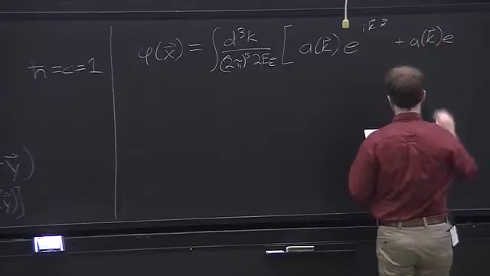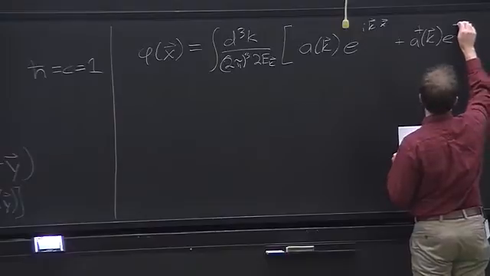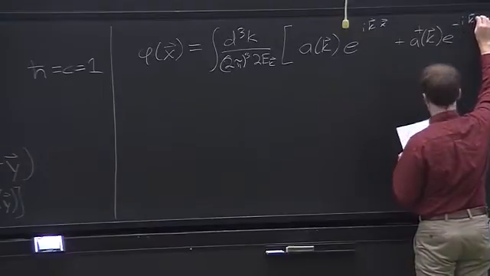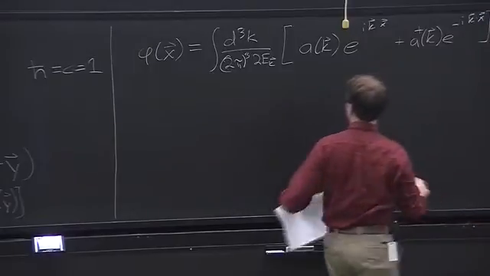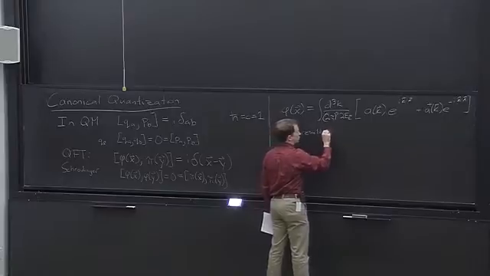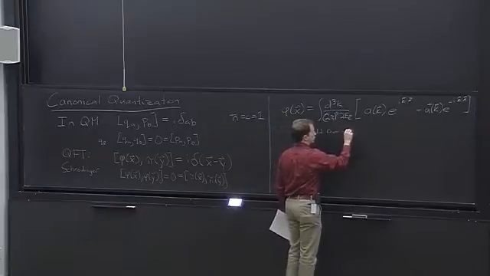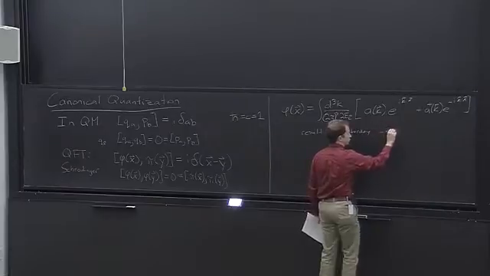And so what I've done here is taken our result from yesterday and evaluated it at t equals 0. So this is our result from yesterday with t equals 0.